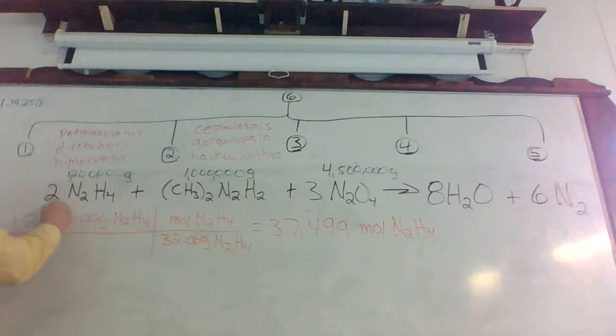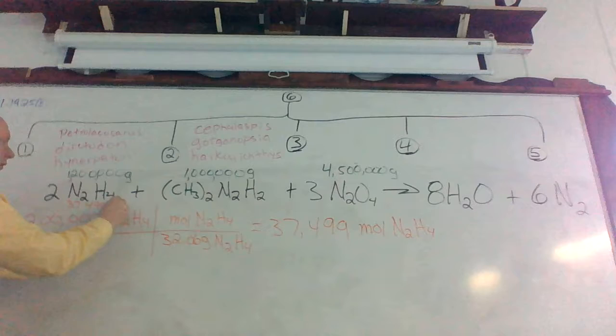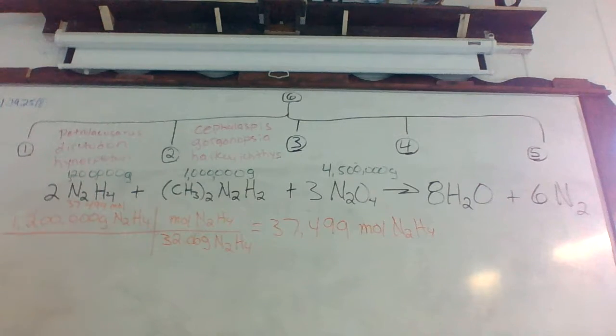So let's just go ahead and write it underneath here. 37,499 moles of this substance, because that's how much we actually have. Then change another one of these to moles, and it doesn't matter which one you pick. We're just going straight across here.